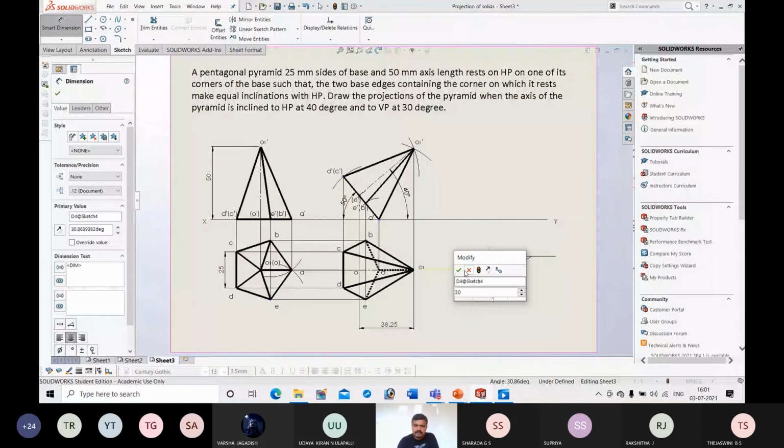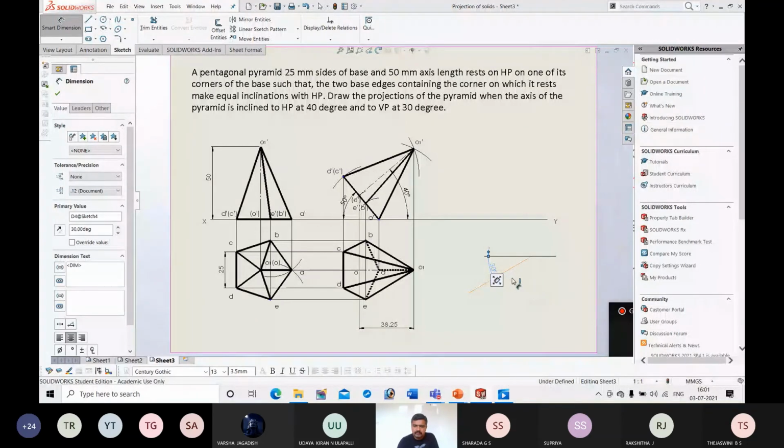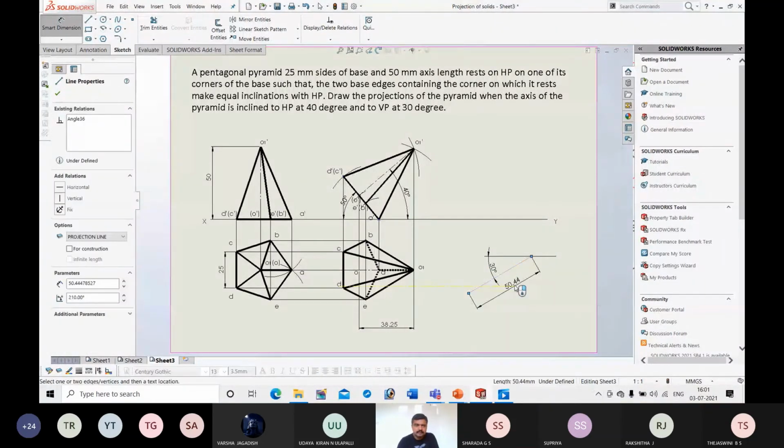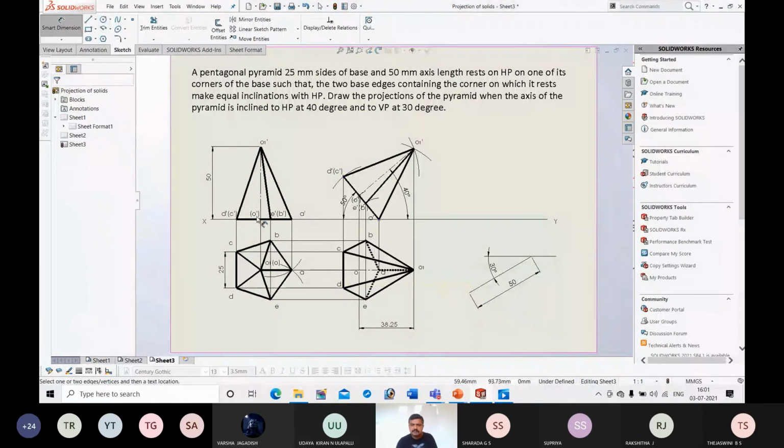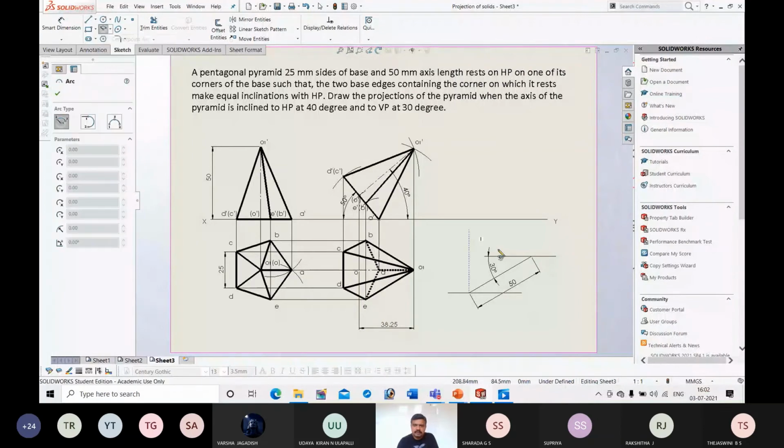Next, after this I will draw locus of this point. I will draw a horizontal line. Next, I will consider this as center, that is this as O1, and I will take radial distance between O1 to O, that is the axis, that is 38.25, and I will draw an arc. So with this as center, I will draw an arc to cut the locus.